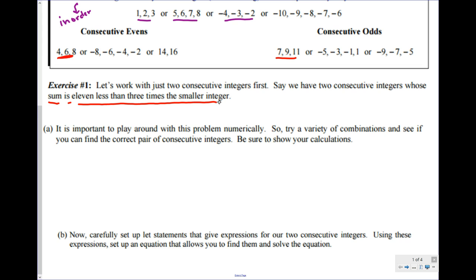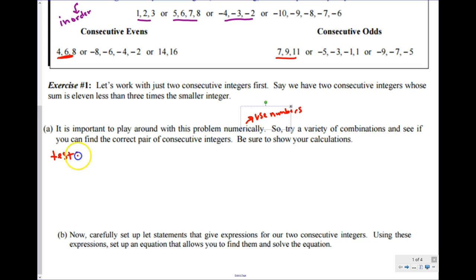So let's look at A. It's important to play around with this problem numerically. Numerically means use numbers to try things out first. So let's try a variety of combinations and see if you can find the correct pair of consecutive integers. Okay, so we want two numbers whose sum is 11 less than 3 times the smallest integer.